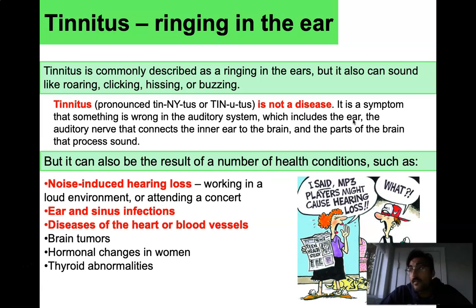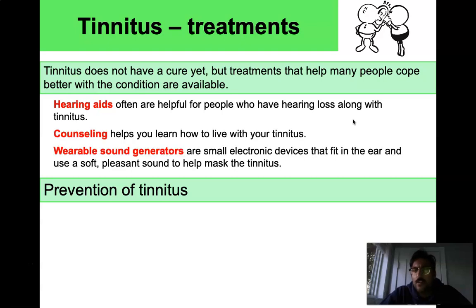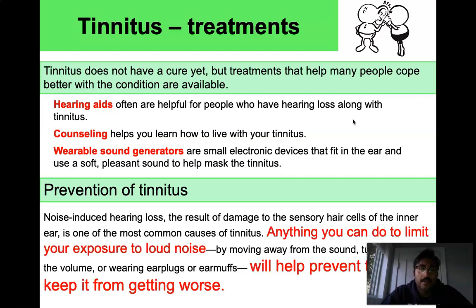You might have temporary tinnitus if you've just been to like a really loud concert or heard a really loud explosion, but excessive damage can cause lasting ringing in the ears, which would be diagnosed as tinnitus. So hearing aids, counseling, wearable sound generators that sort of cancel out that ringing are all possible solutions.